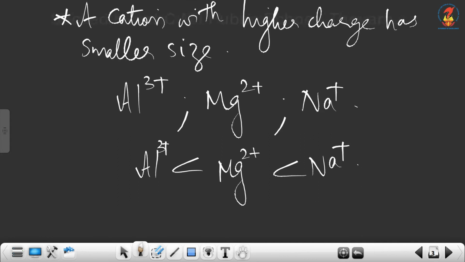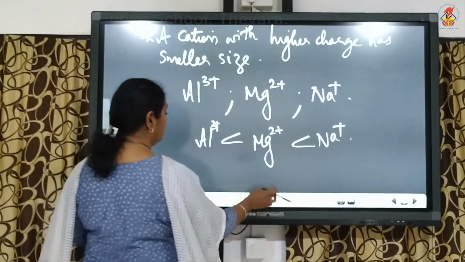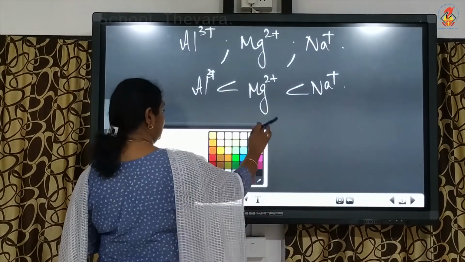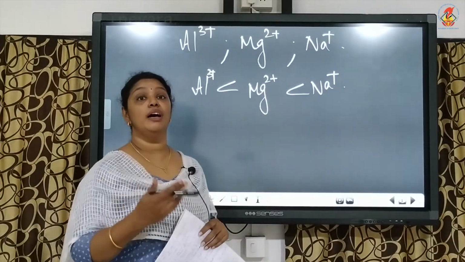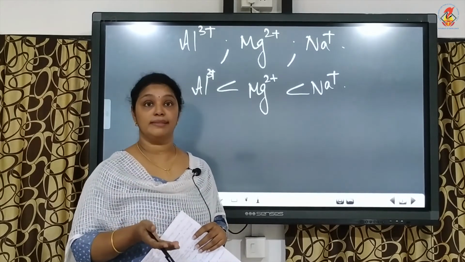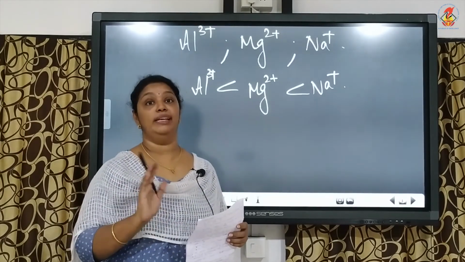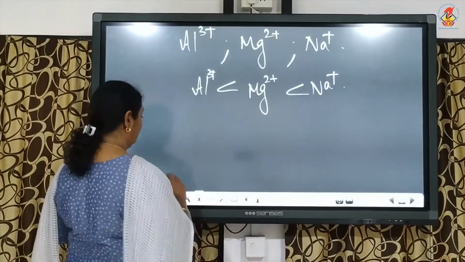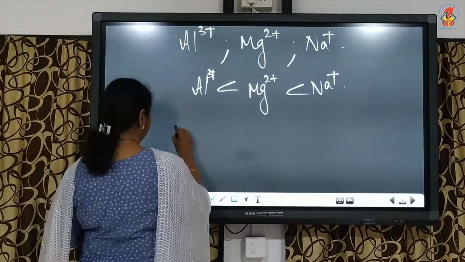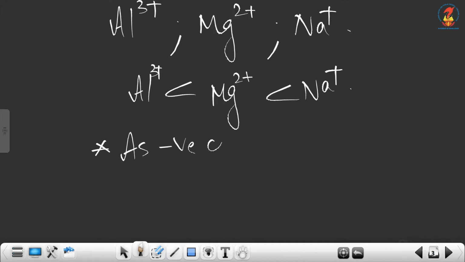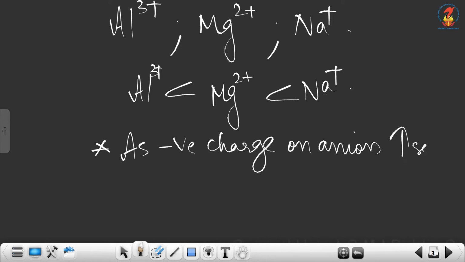Okay, now next rule is on the basis of anion size. As the negative charge on anion increases, size increases.